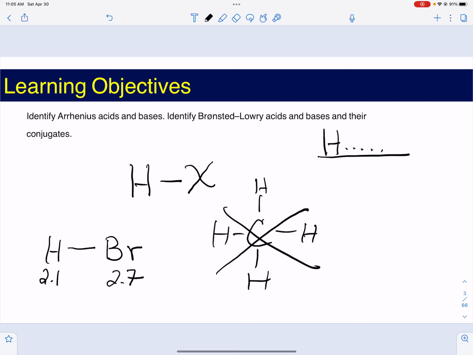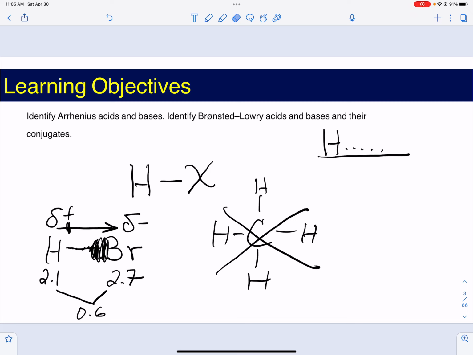I don't know it from memory, but the difference between these two is going to be more than 0.4, which means this is going to be a polar bond, which means the electrons are going to be closer to the bromine, and you can see that the hydrogen is hanging by a thread, in that analogy.